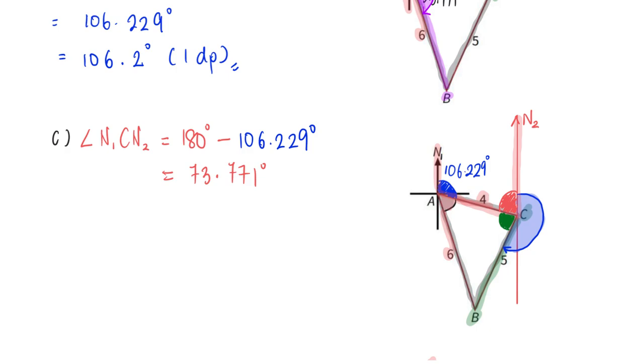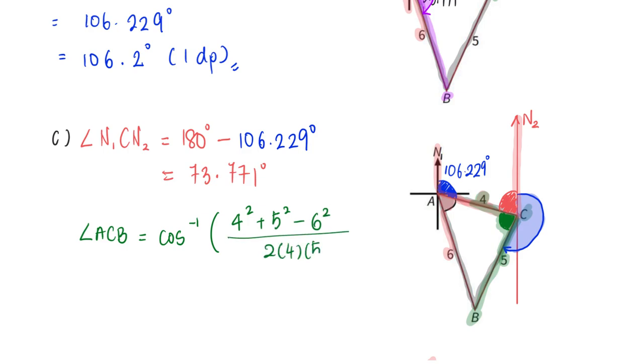So for this green color angle, I'm going to apply the cosine rule again, just that this time I'm looking at, because this is the angle we are talking about, I will start with 4 square plus 5 square minusing my 6 square over 2 times 4 times 5.